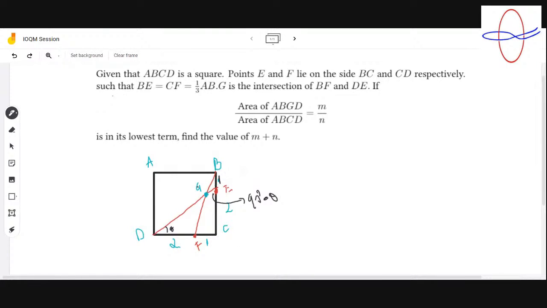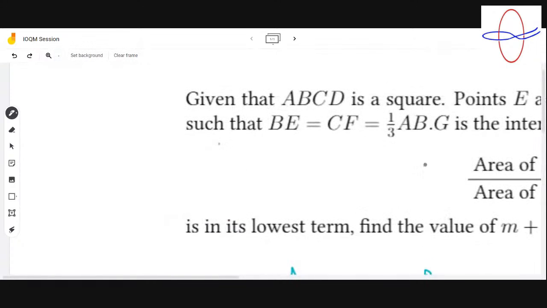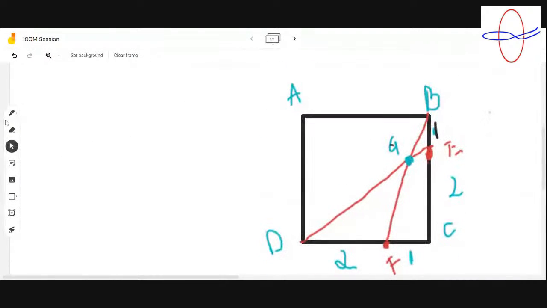Let's move everything out from here. Let's zoom in a little bit. Zooming in here, the construction is this: join G and C. If you join G and C, what will happen is the following.